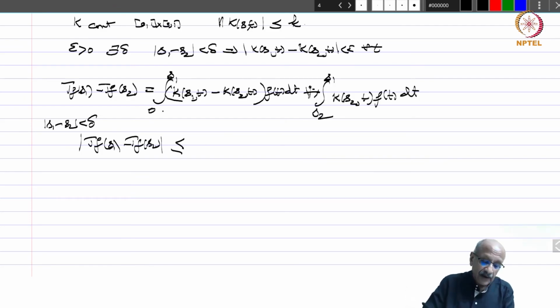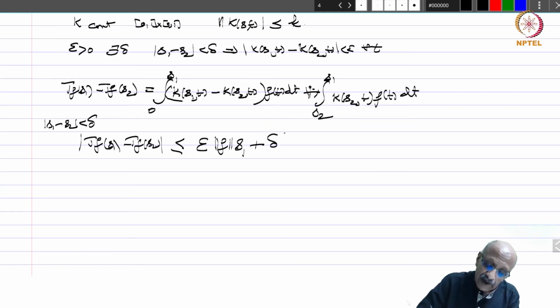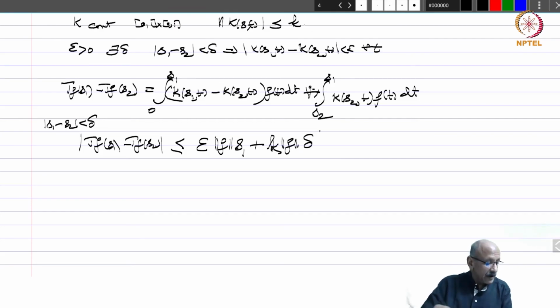So you get epsilon times norm f into S1, plus, since K is bounded, less than or equal to k, this is less than or equal to k times norm f times delta.